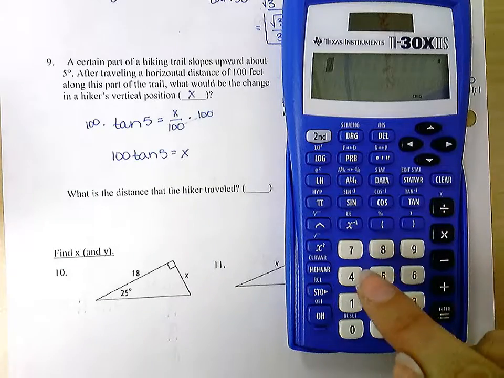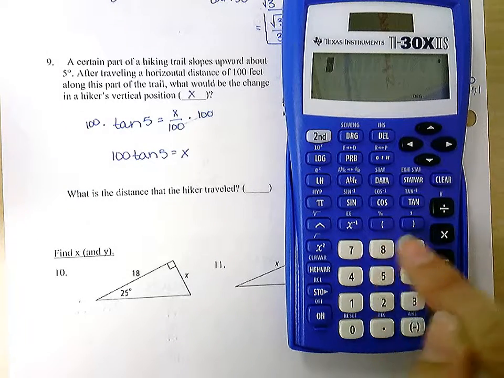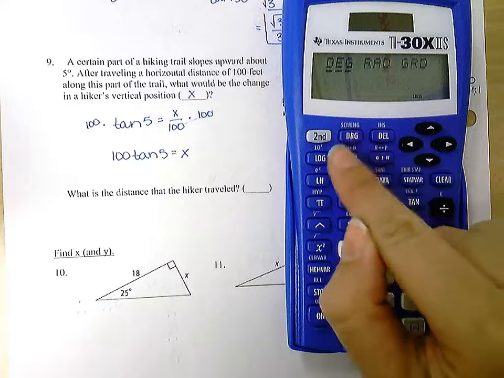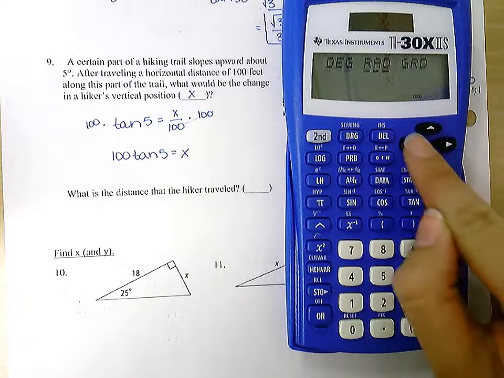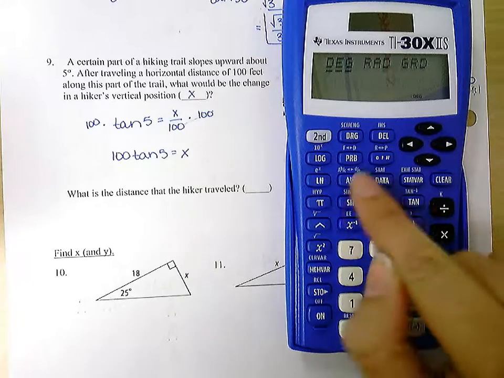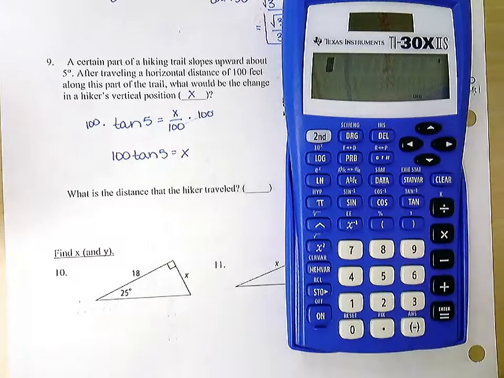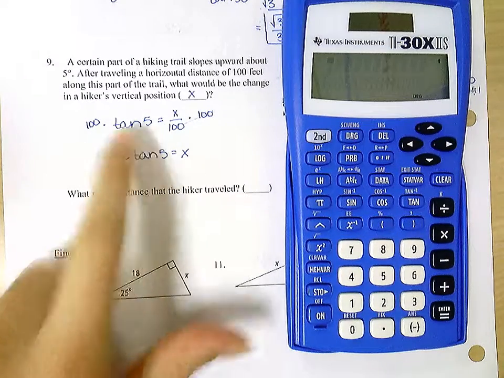If it does, press this DRG button and go over to DEG and press enter, and it should change it. You want to be in degrees because we're working in degrees here with this 5.